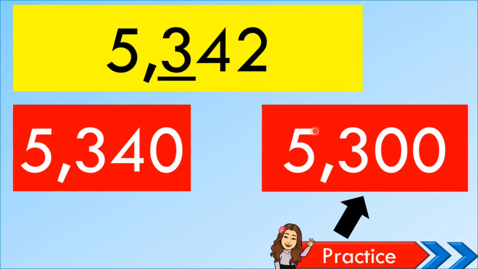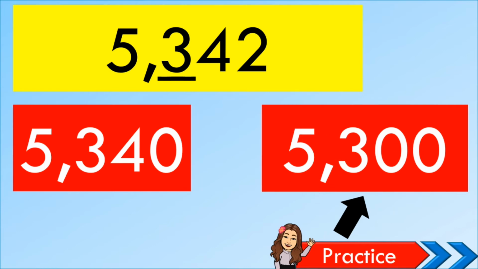So why does it happen? Because the digit next to 3 is 4, and 4 is lesser than 5. That's why you have to just copy 3 and then change all the remaining numbers into zeros. That's why the answer is 5,300.